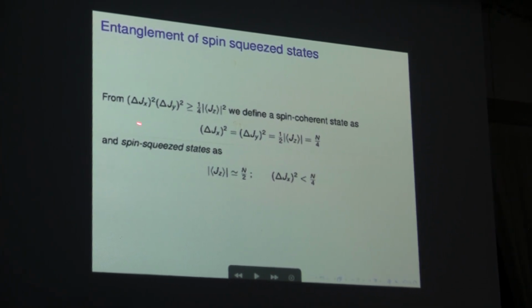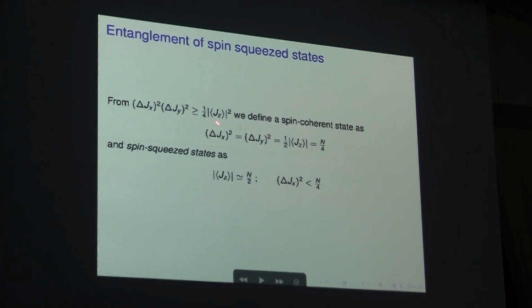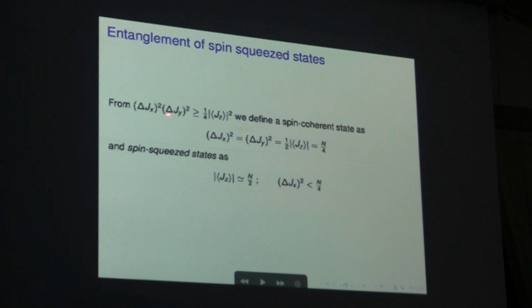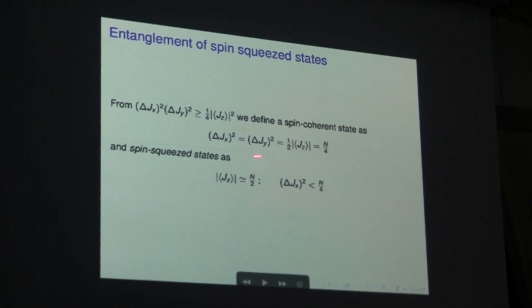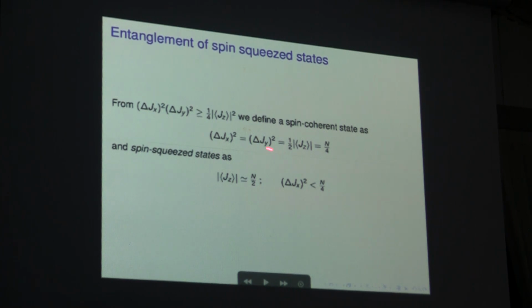The idea was that you have a state that saturates the Heisenberg uncertainty relations for the spin, and both variances, say in x and y direction, have the same value, which saturates the threshold for a fully polarized state. The state is fully polarized in one direction, say z, and the other orthogonal variances are equal to n over 4, for spin half particles. But this is a spin coherent state, sorry.